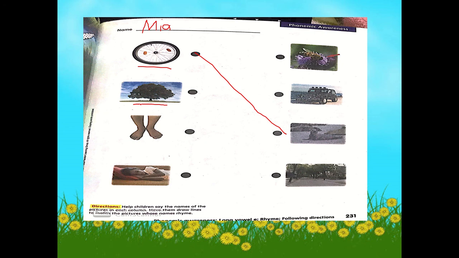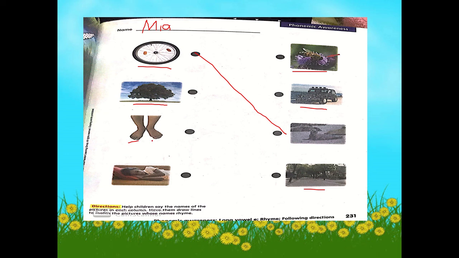The word tree ends with the E sound. Again, tree ends with the E sound. So, what object rhymes with tree? Is it B, jeep, or street? You have to draw a line going to that picture.